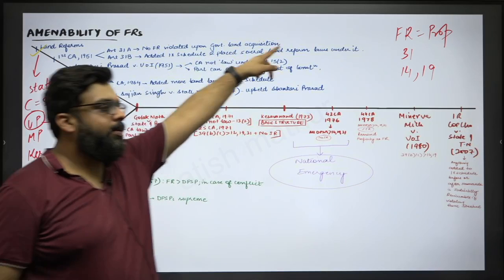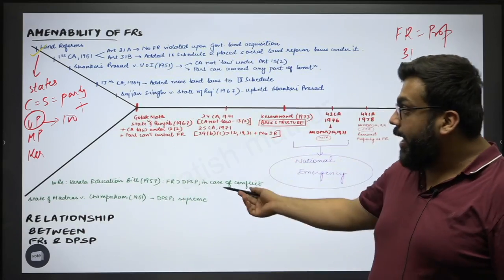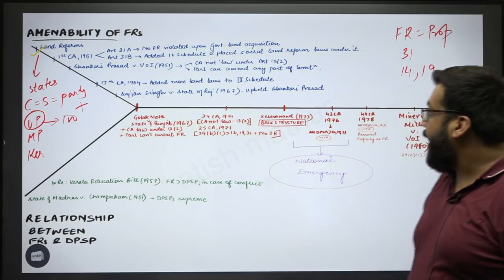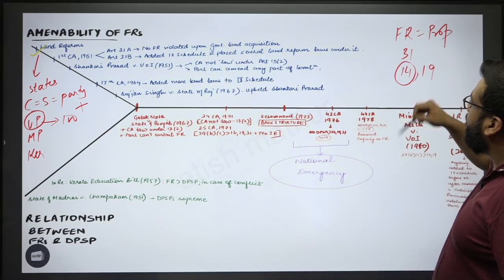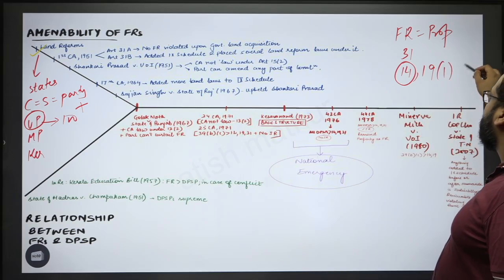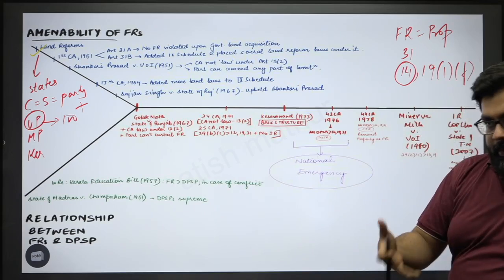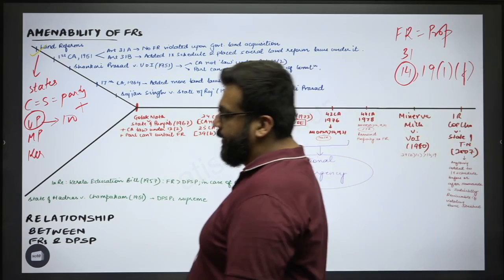This violated right to property because I have a fundamental right to property and the government is acquiring it, and you're treating landowners and non-landowners differently. And Article 19 clause 1 clause F, which has been deleted, also referred to property as a matter of expression, right?